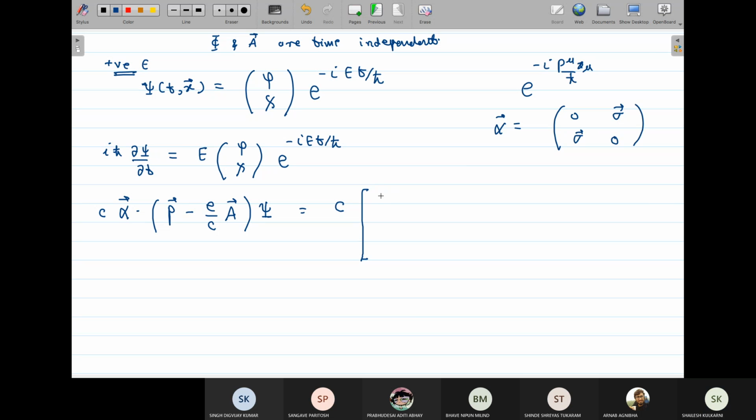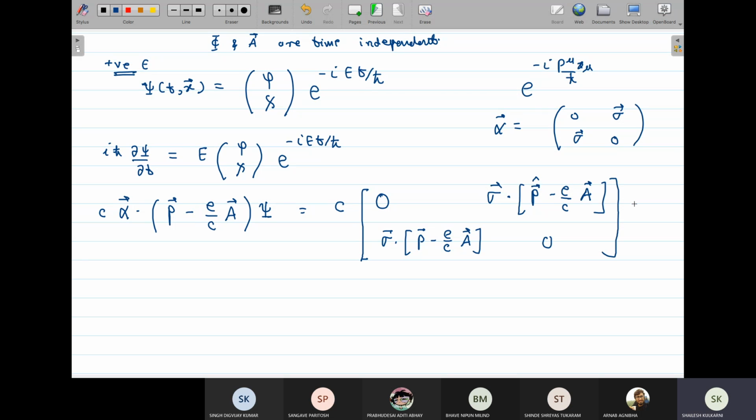So I will get a 2 cross 2 zero, then sigma dot P minus e by c A, then sigma dot P minus e by c A, and then zero. And I have to act it on psi. So psi will be this two-component spinor, phi and chi, and the e to the power minus i E t by h cross factor will be there, that I am not writing.